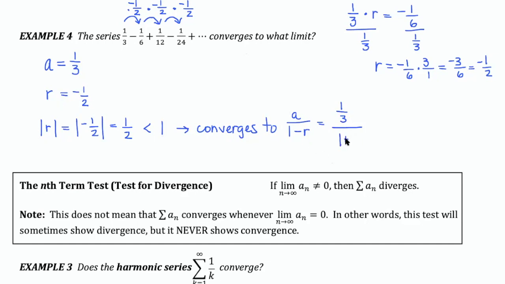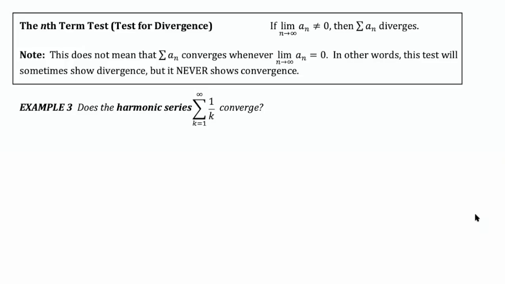So this is actually going to become +1/2 on the bottom. So I have 1/3 divided by 3/2, which is the same as 1/3 times 2/3, and gives me a convergence value of 2/9. So you're going to appreciate when series are geometric because it becomes a very simple process.